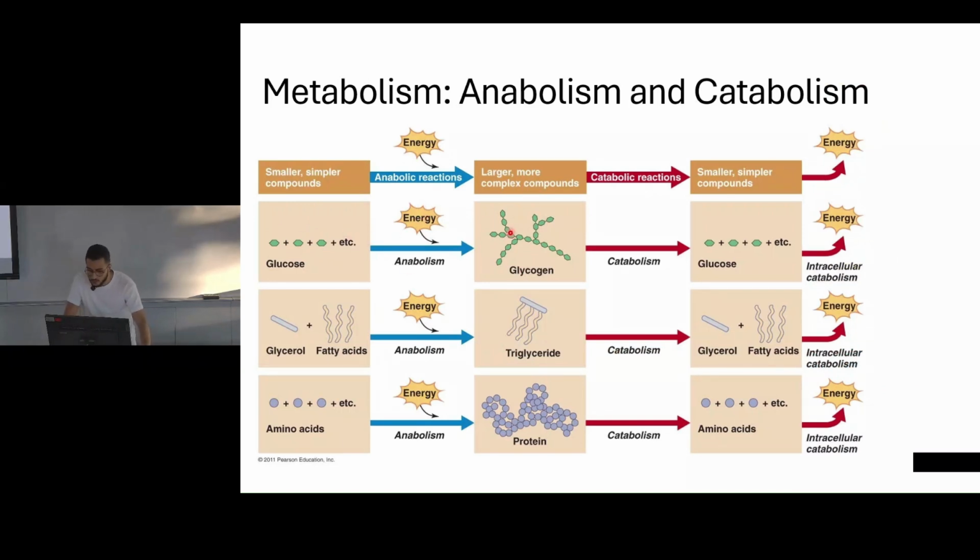And so anabolism will use energy and those units to produce glycogen. Then to break them down produces energy, okay? Same thing with triglycerides. Usually you take a glycerol molecule with 3 fatty acids, pack them together, this requires energy, and then to break them down will lead to release of energy. And proteins, make sense? Same thing.